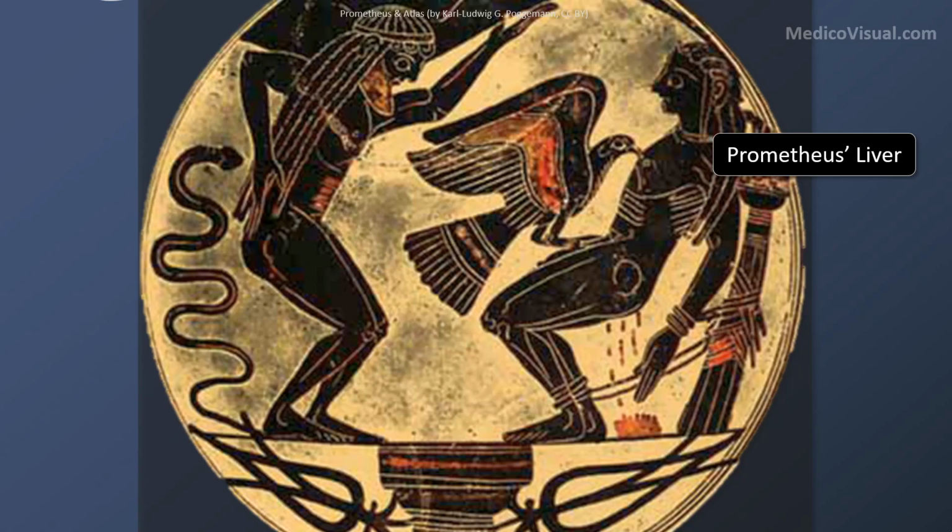Every night this eagle ate the liver, and every night his liver regenerated. Probably the Greeks were also aware of the remarkable regeneration capability of liver, that if most of the part of liver is lost, it can then again regenerate very quickly and efficiently.